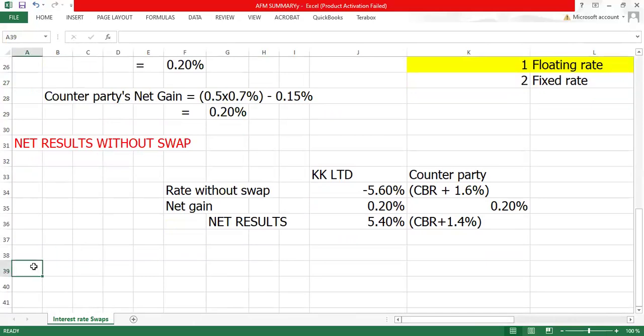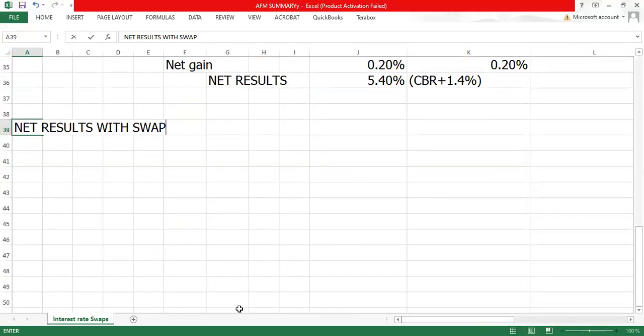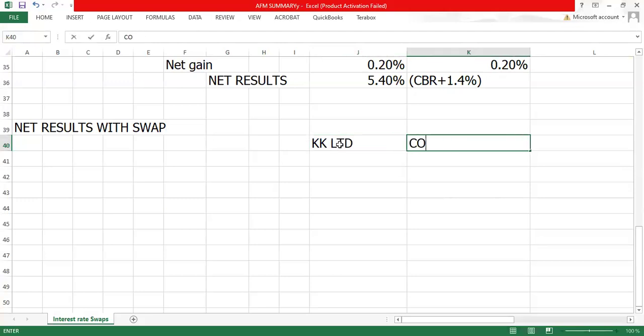So the last step, step 4, we need net results. Net results with swap. So how do you deal with this? Here you have KK Limited. Then you have the counterparty.